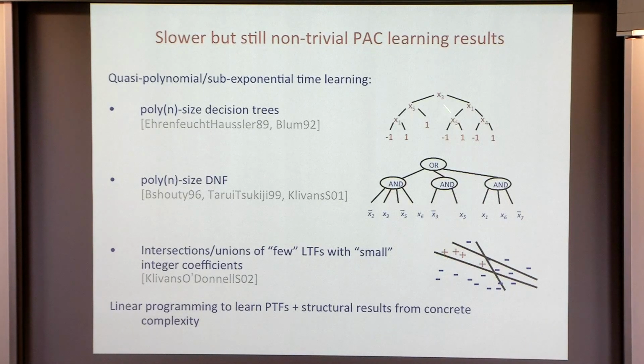Most of the work is to prove some kind of structural result saying, hey, my intersection of half spaces has a low degree polynomial threshold function representation, right? So you think like a complexity theorist, prove something about the structure of the functions, and then we just use the same old algorithm to learn polynomial threshold functions. This really is the state of the art.